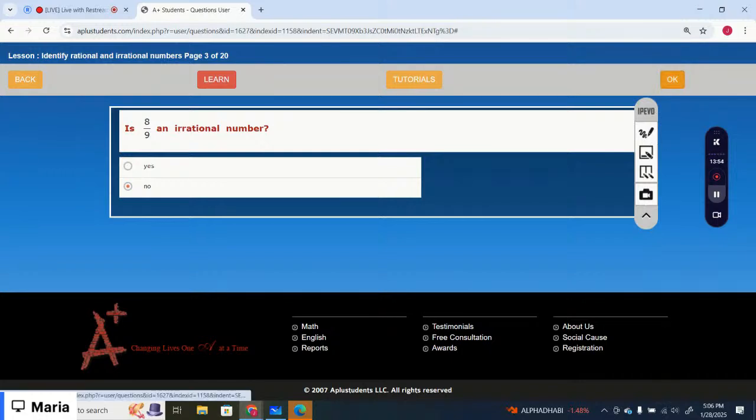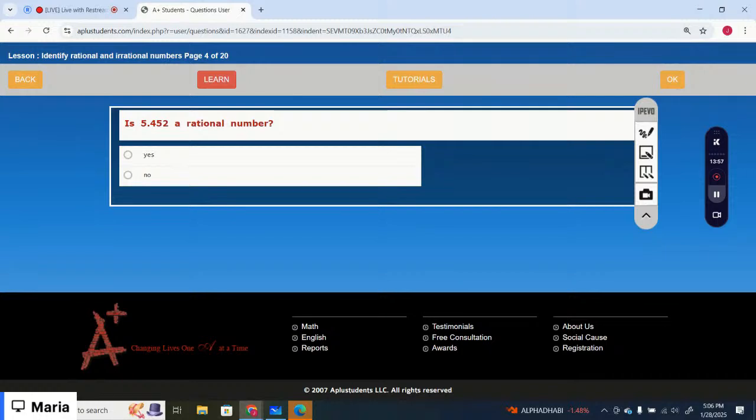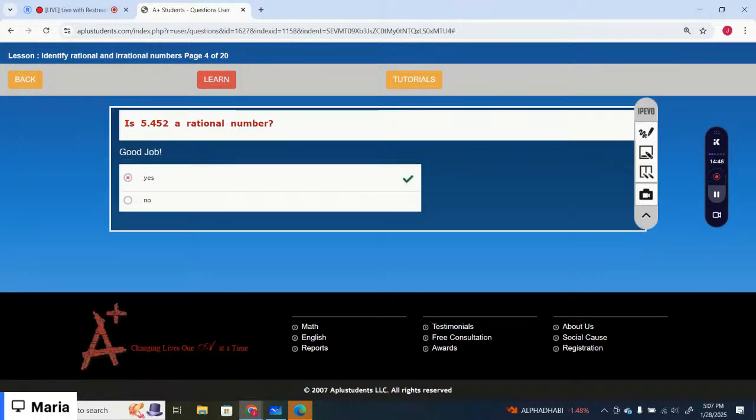The correct option is no. Is 5.452 a rational number? Yes, it is a rational number. Option number one is the correct option.